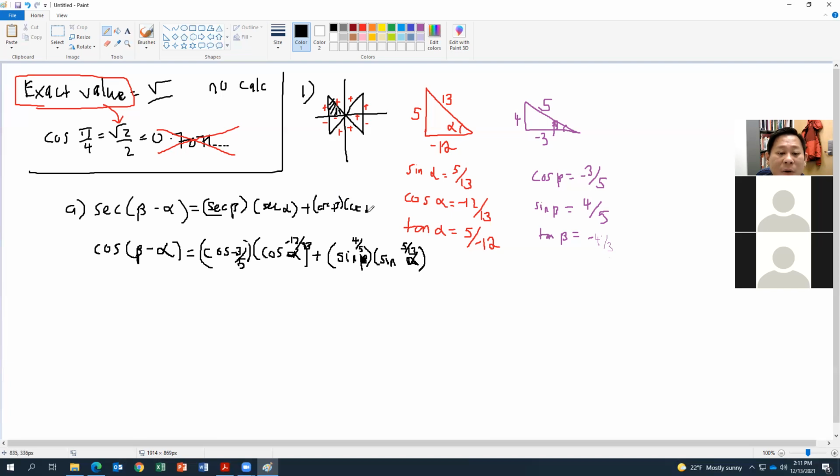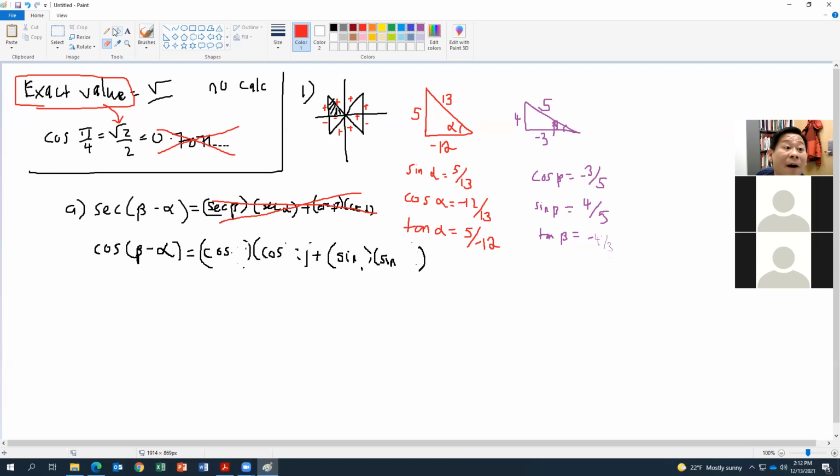Do we have such a formula for this case, class? No. I was like, where did you get this from? Okay, so please don't do this, and please don't put the values here, the negative 3 over 5 or the negative 12 over 13. That is considered wrong. So please don't do this.